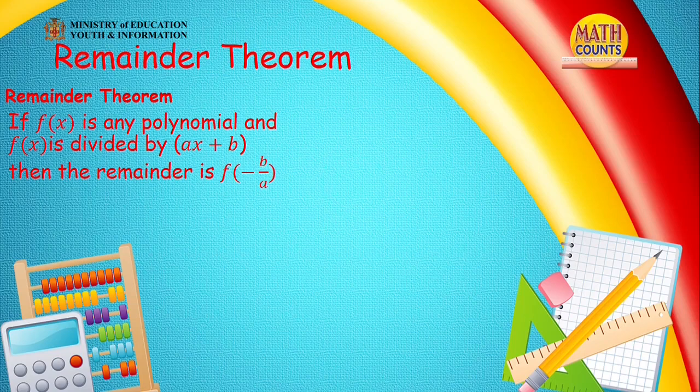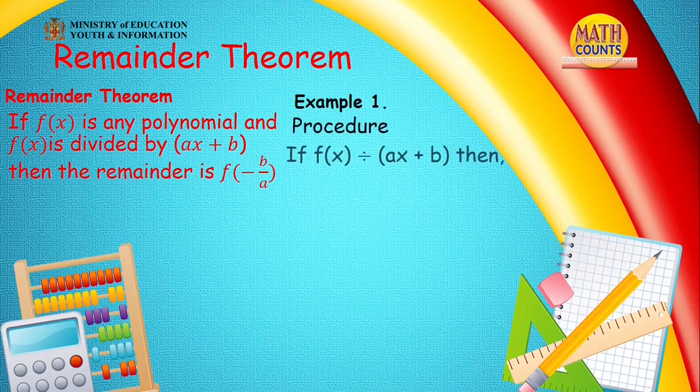Now, the first example we're going to do is just breaking this down to see what this is talking about. So, procedure. We get a question: if f of x is divided by ax plus b, and you want to find the remainder. Where do you get this crazy thing on the inside, minus b over a? We start off by saying, let ax plus b be equal to 0. And then we solve for x. When we solve for x, we get x equals minus b over a.